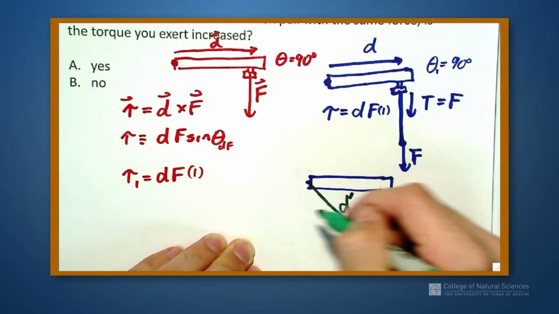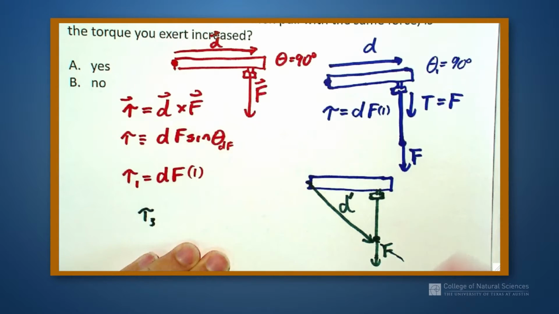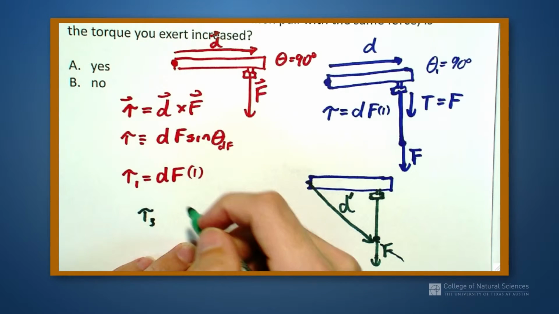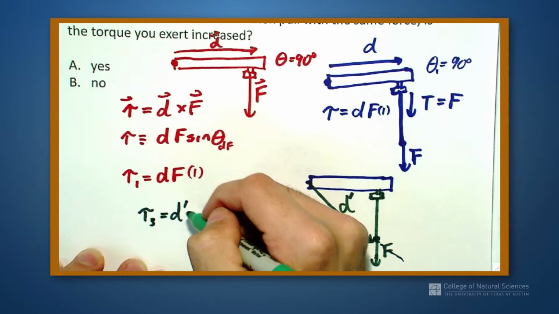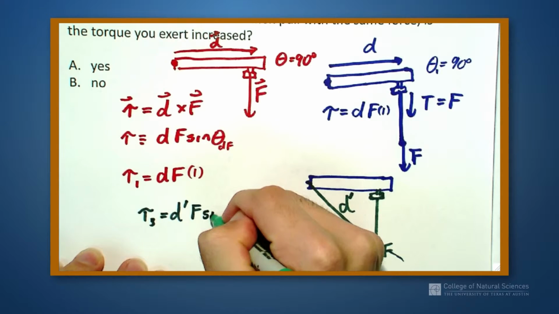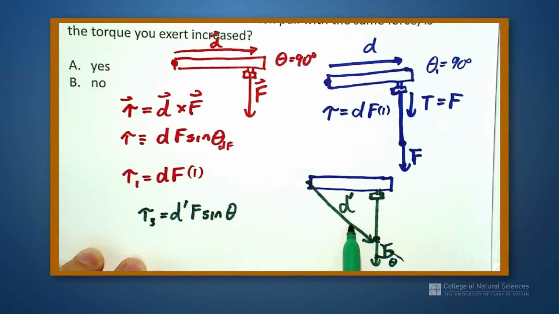Because I know that my torque in this case is going to be my third torque case. My third torque case is going to be equal to d prime, the magnitude of the force, times the sine of the angle that I get. And this is the angle that I have. It's that angle between the displacement vector, or continue a line out, and the force vector. So it measures from here to there.